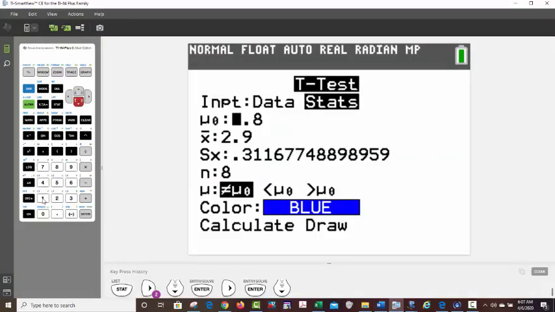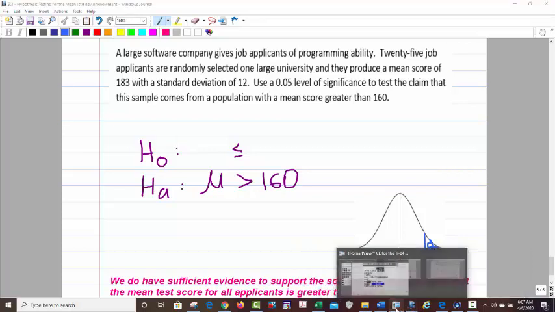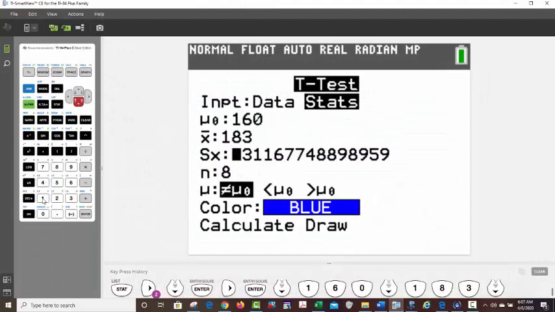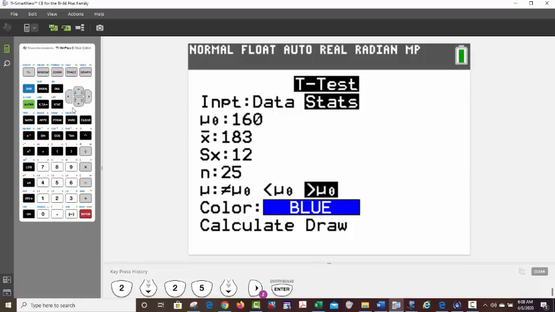Sample mean is 183. I know n is 25, but I forgot the standard deviation. Oh, it's 12. 12, 25, and greater than. So right there we go.